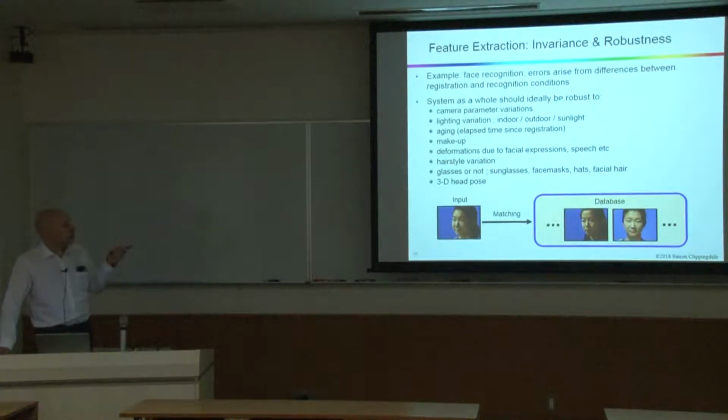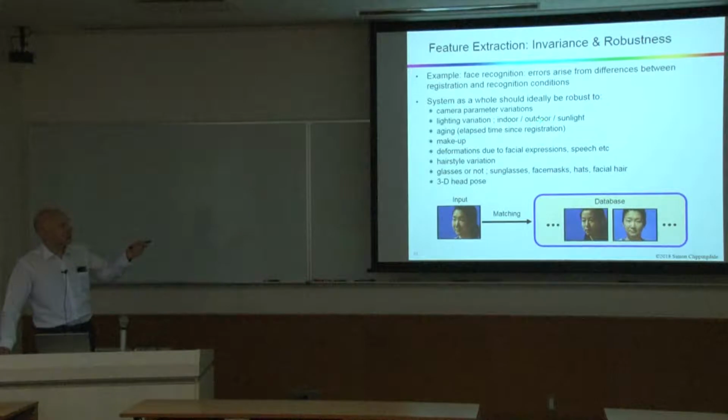So ideally you want the system as a whole to be robust to things like camera parameter variations. If you have a camera by the door of some building that's trying to recognize people to decide whether they're allowed in or not, ideally you want people's face pictures in the database to have been taken with the same camera at the same distance, under the same lighting conditions.